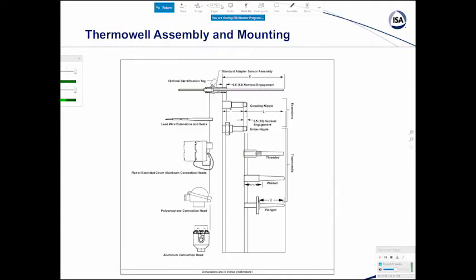Let's look at some installation details here, and we've got different types of heads. We use the extended cover head most often, and also the union nipple to ease disassembly of the thermal well head, and to get at the element and be able to take it out and test its calibration.